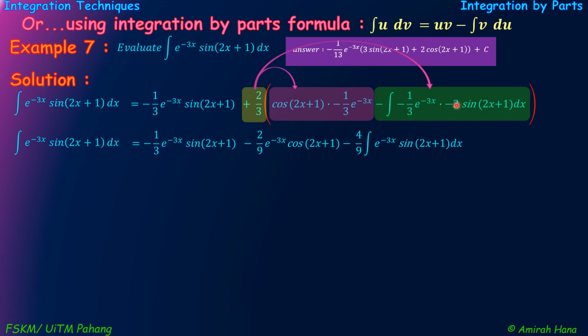We have 2 over 3 here, so 2 over 3 times 2 over 3 means 4 over 9. And then we can move the constant 4 over 9 out of the integration sign, and rearrange e to the power of negative 3x times sine 2x plus 1 dx. So after we simplify, we get this.